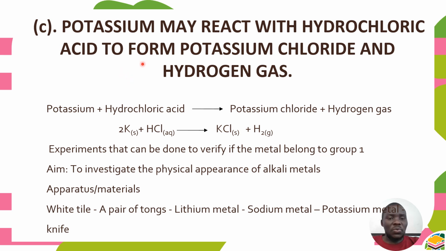But we can also do other experiments to check if the metal that you are given is an alkali metal. Sometimes when you work in the lab, you might find that there are many metals, but sometimes people forget to label them. So you have some specific experiments that you can carry out to check if the metal is a group 1 element.